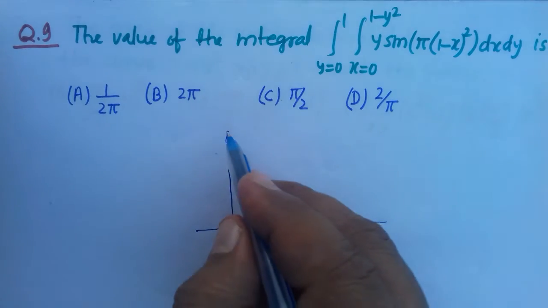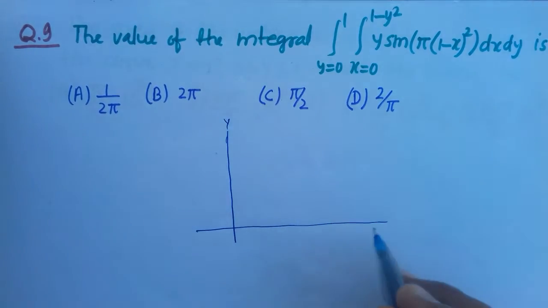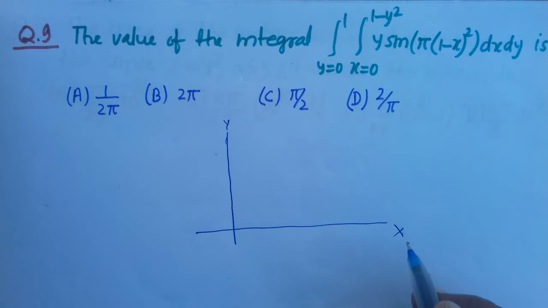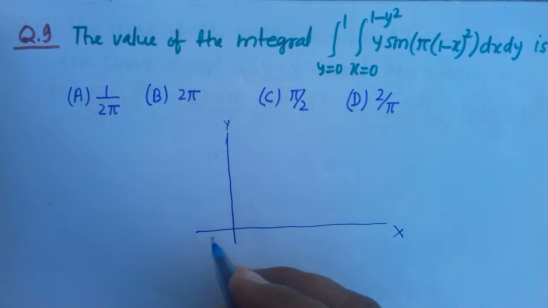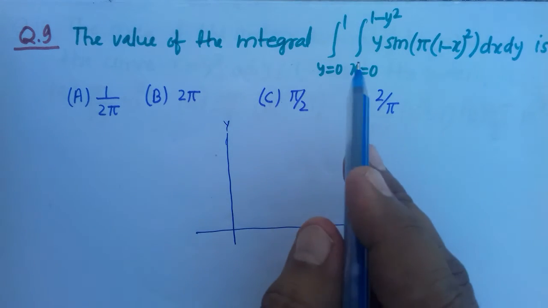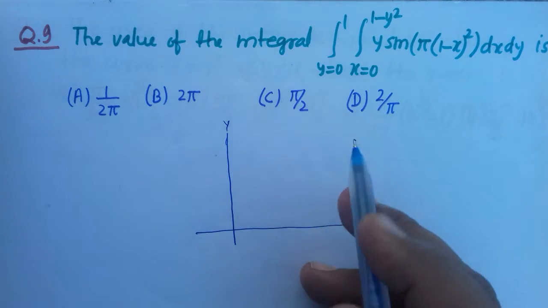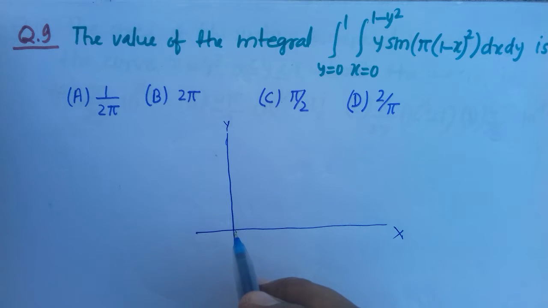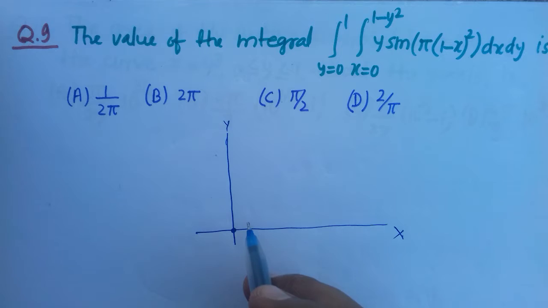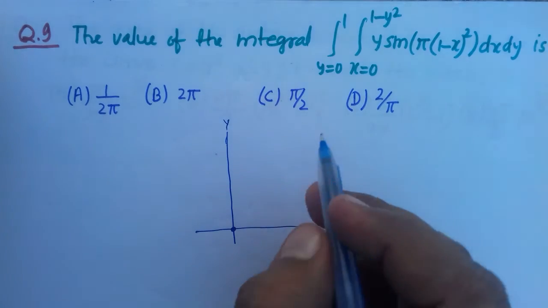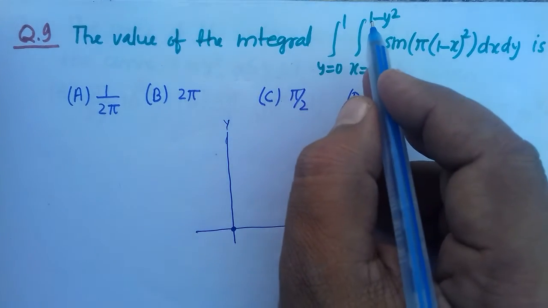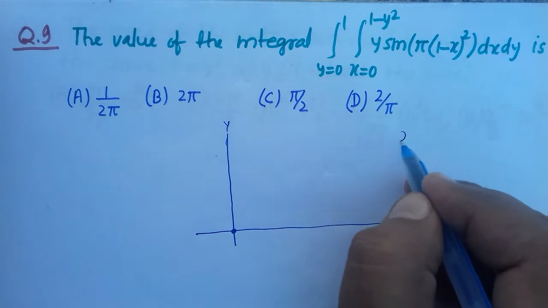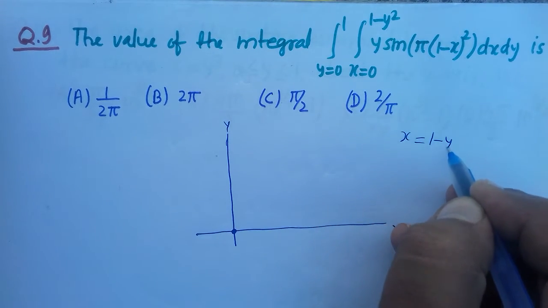That means if this is the y axis and suppose this is the x axis, x goes from 0. x equal to 0 means this point, and the upper limit is x equals 1 minus y square.